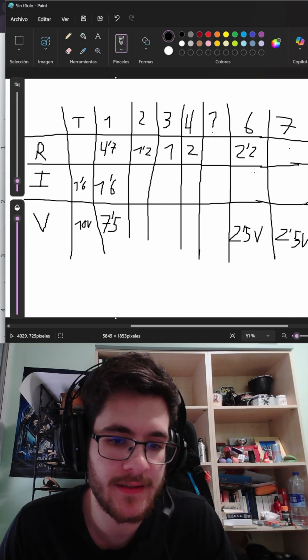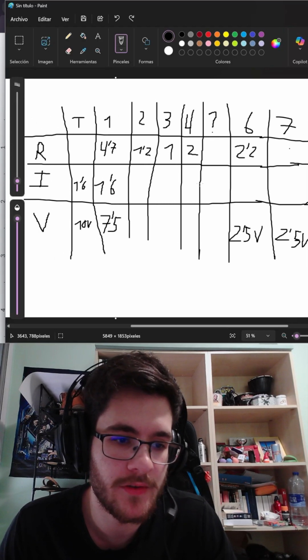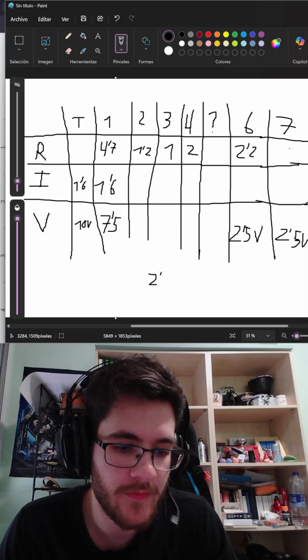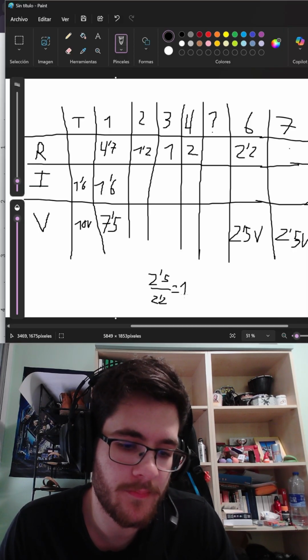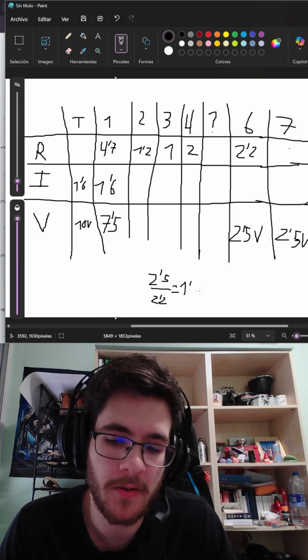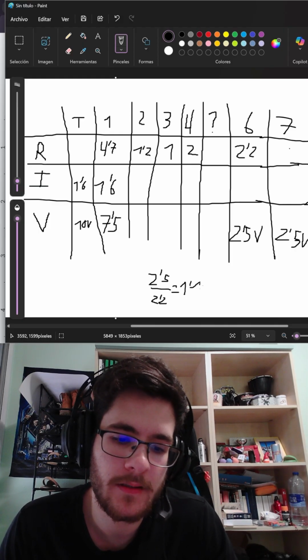The intensity of this one, with Ohm's law. So 2.5 divided by 2.2, and it's 1 point something, like 1.1.